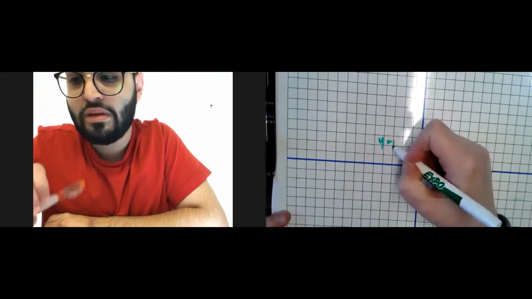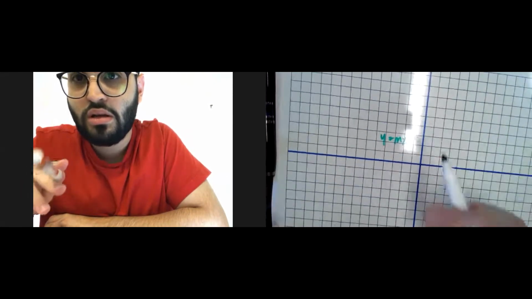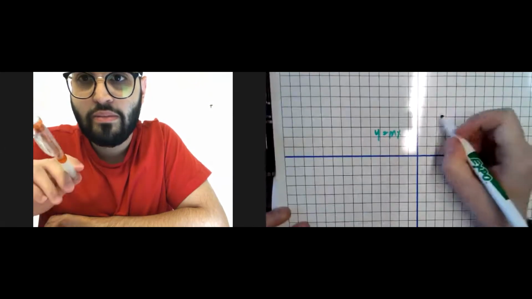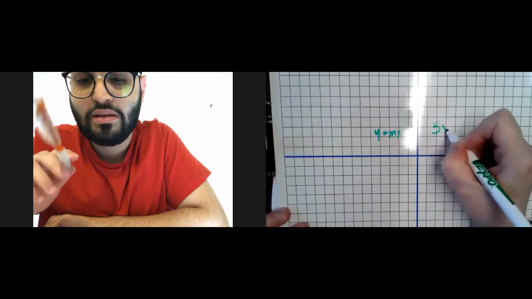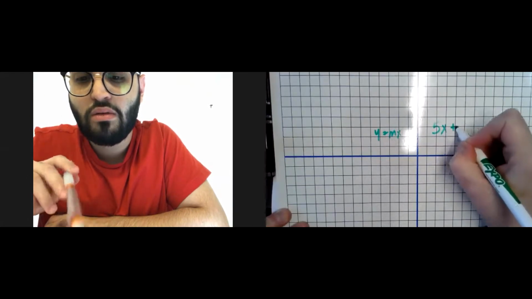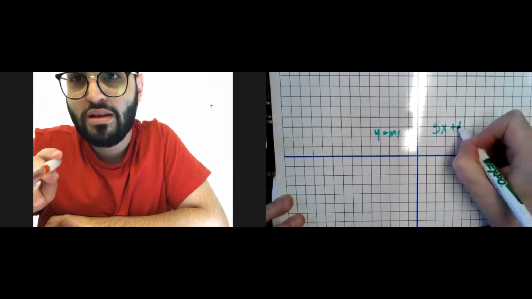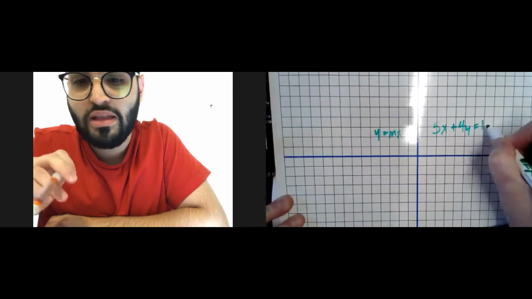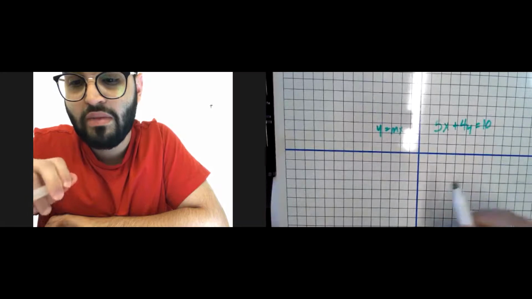I have, oh, some of them here. I have 5x plus 4y equals 10. And they say find the slope of the line.